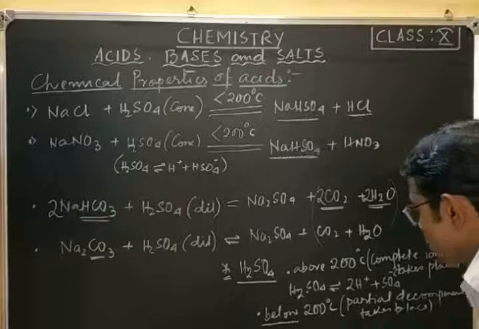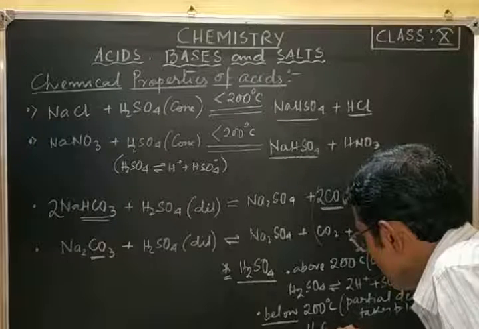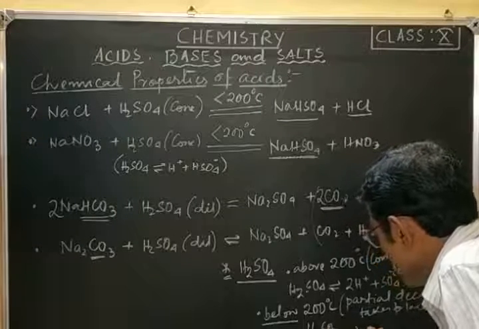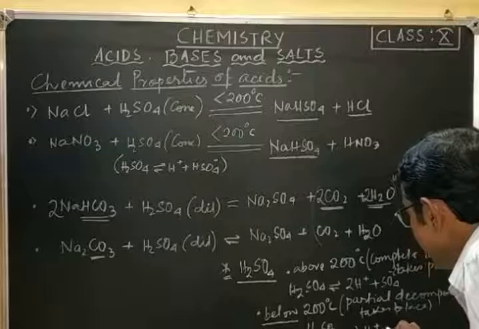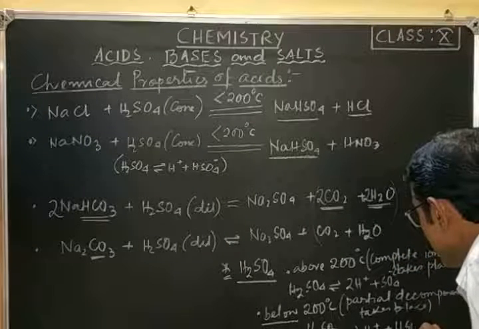In that case, only one hydrogen ion will be liberated. H2SO4 dissociates like this: H plus plus HSO4 minus.